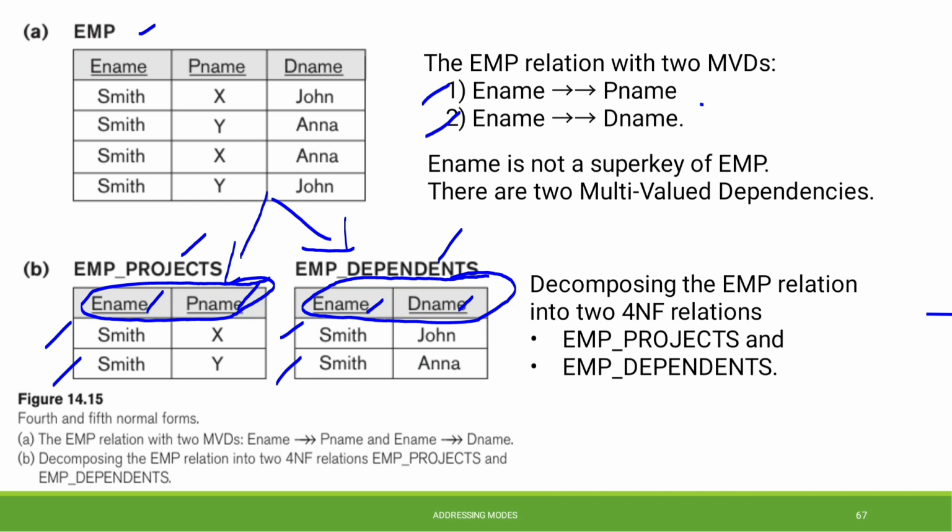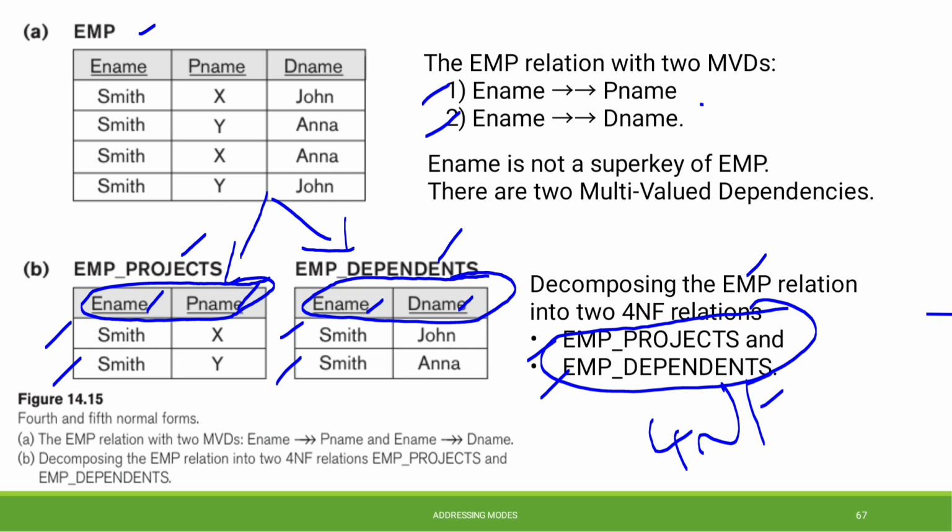This is how, by decomposing the EMP relation, it is brought to 4NF. The final two relations, EMP_projects and EMP_dependents, are in 4NF. Okay. Next we shall move on to 5NF.